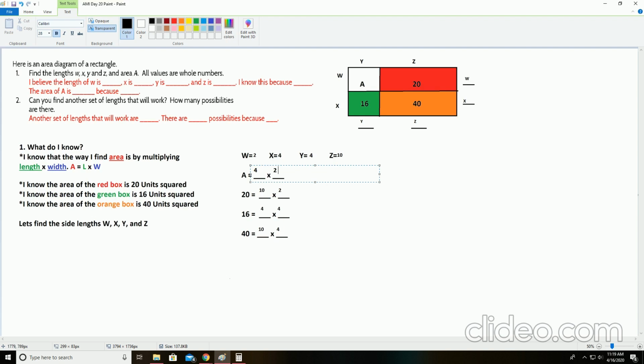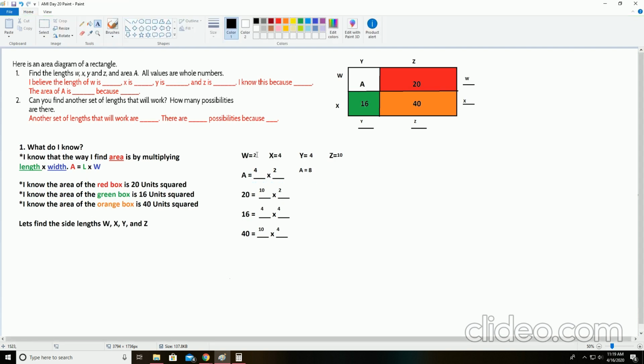So really what we're saying here is the area equals 4 times 2, which is 8. So the area of A would be 8, right there. So we have solved what W, X, Y, and Z could equal.